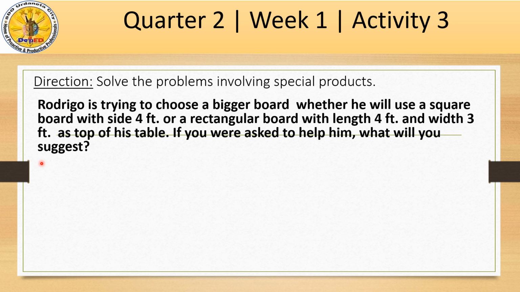Rodrigo is trying to choose a bigger board, whether he will use a square board with side 4 feet or a rectangular board with length 4 feet and width 3 feet as top of his table. If you were asked to help him, what will you suggest? Okay, so yan ang activity ninyo for this week.